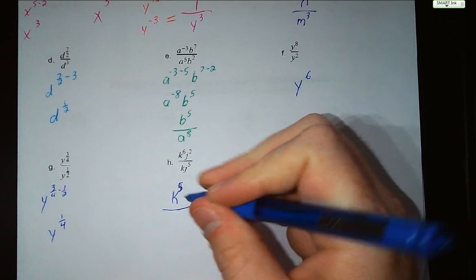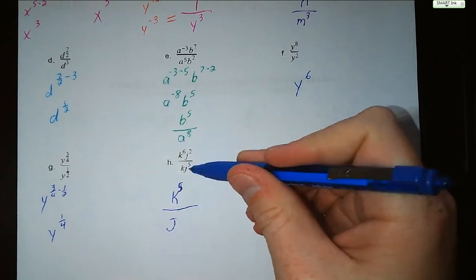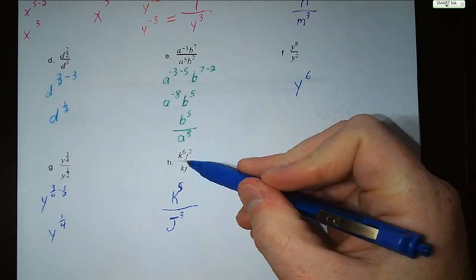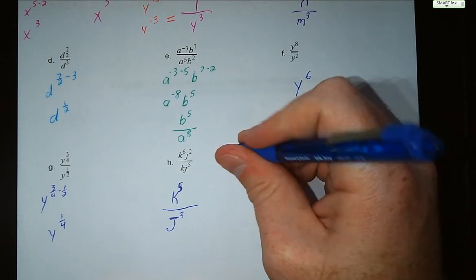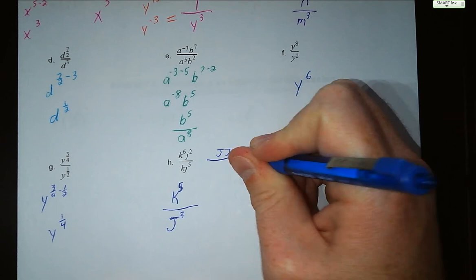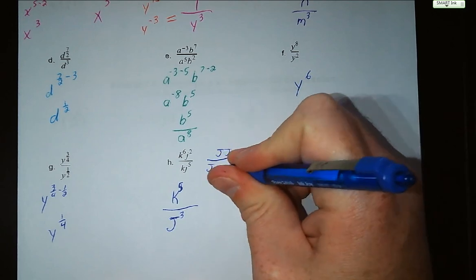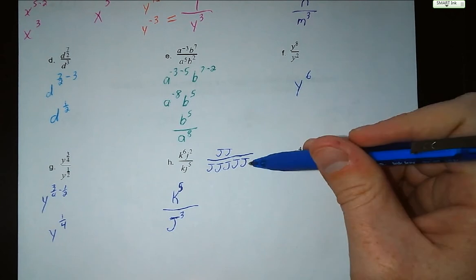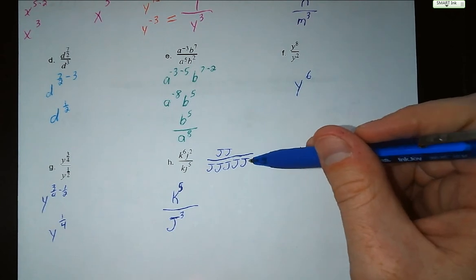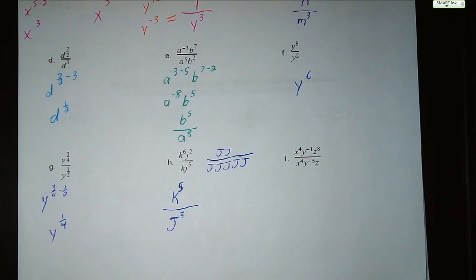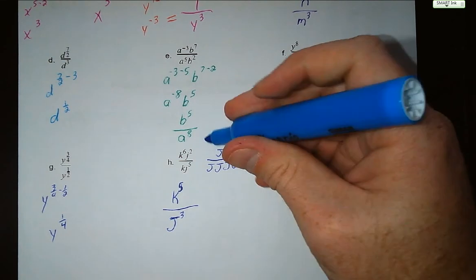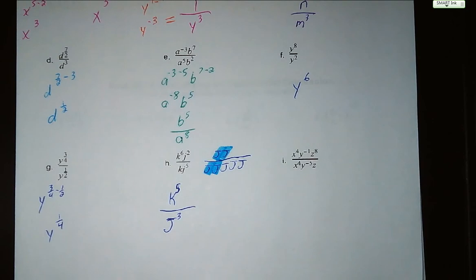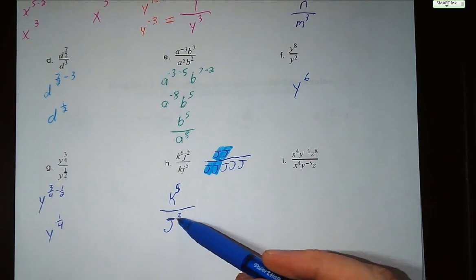So we've got j down below, and it's 5 minus 2, which will be 3. Because I know if I write this in expanded form, I've got 2 j's in the numerator, and 5 in the denominator. I know I'm going to end up with j in the denominator because it already has more. And when you cancel them out, those two cancel, those two cancel, you're left with 3 j's in the denominator, just what I said there.